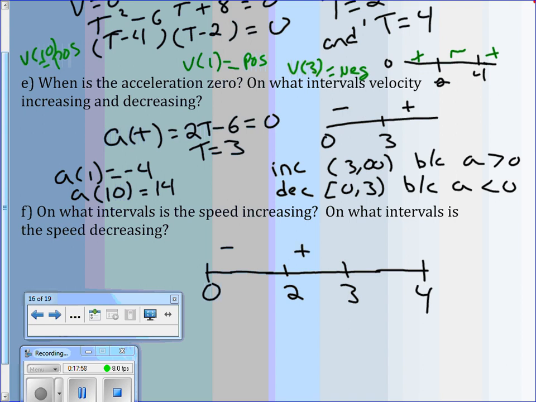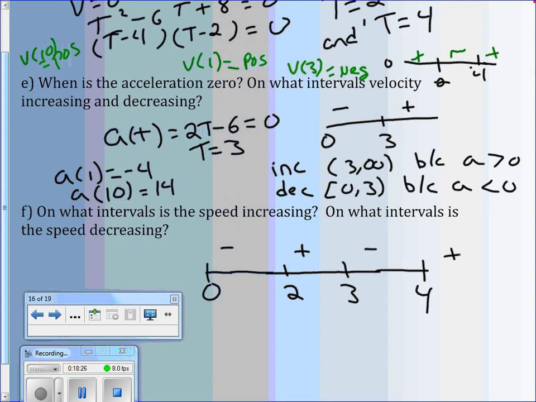From 3 to 4, what's my velocity? Oh, it's negative. From 3 to 4, acceleration is positive. Different signs. Negative. Different outcome. And then beyond 4, the velocity is positive, and the acceleration is positive.